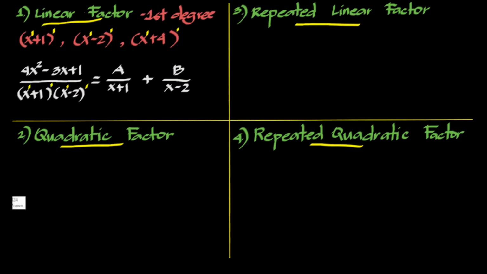For the second type naman, which is yung quadratic factor, ano to, nasa second degree. Okay? Nasa second degree siya. So, say for example, x squared plus 1. Ayan, nasa loob yung squared.